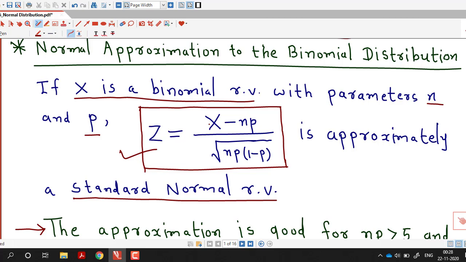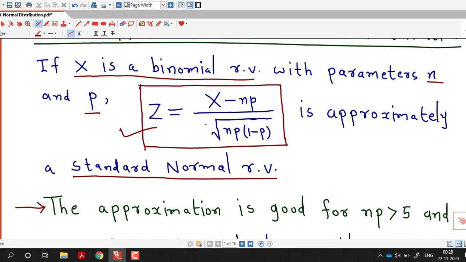Now it is not always possible that we will get the exact answer as in the case of binomial distribution. But if certain conditions are satisfied, then we can apply normal probability distribution to approximate binomial probability distribution.